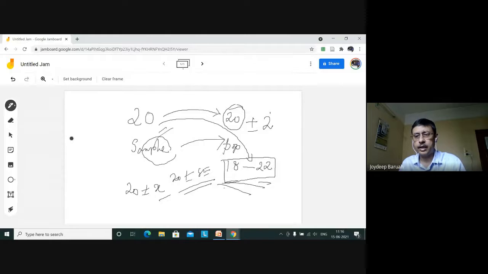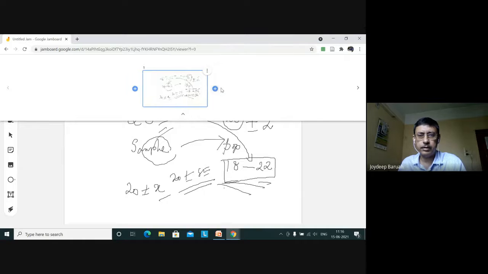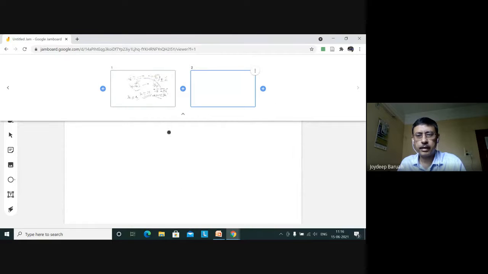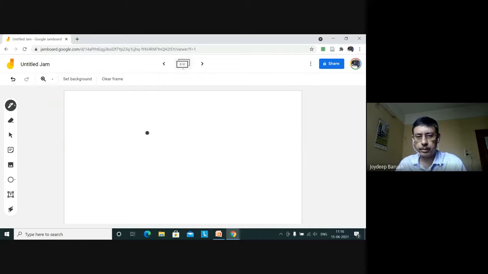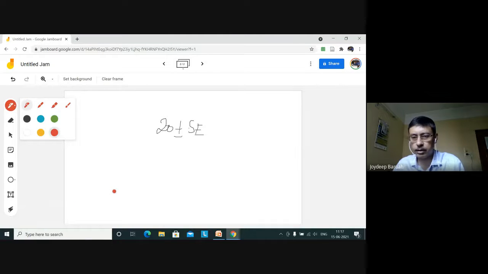Now ideally, if you try to see what will happen, suppose you have a higher standard error. This is your 20, so we have 20 plus minus standard error, and your standard error is very high.